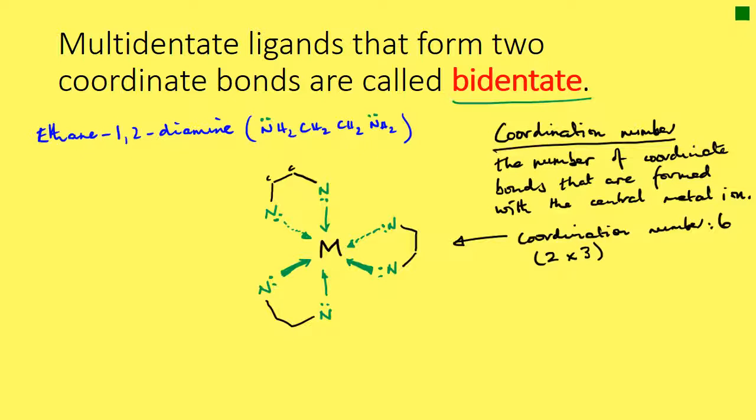So I'll draw it as a solid sort of triangular arrow like that. And that would be the second one, and the third one would fit in like this.